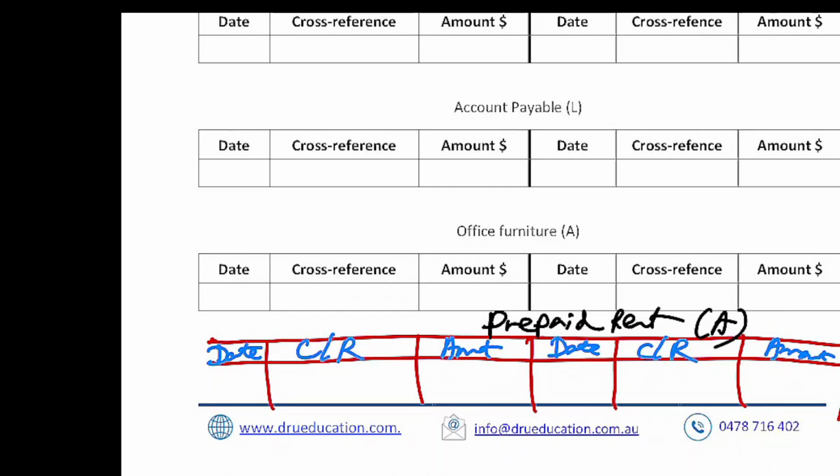What is the date? May 2nd. How much is it? 500 on the debit side. What will be the cross reference? Bank. So the cross reference is bank.